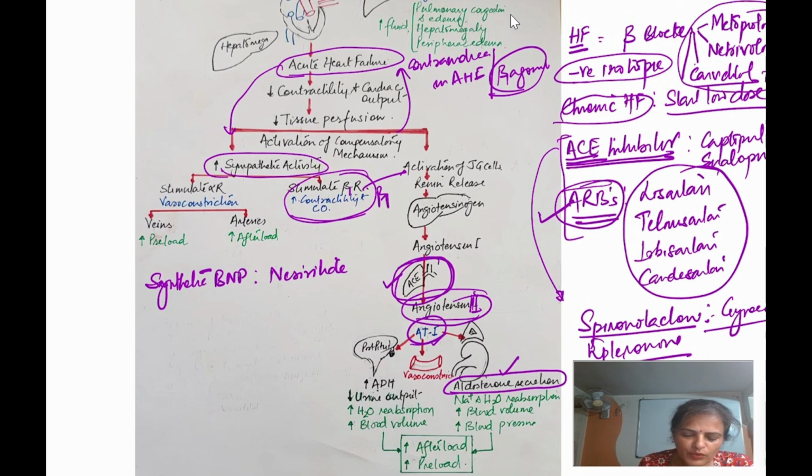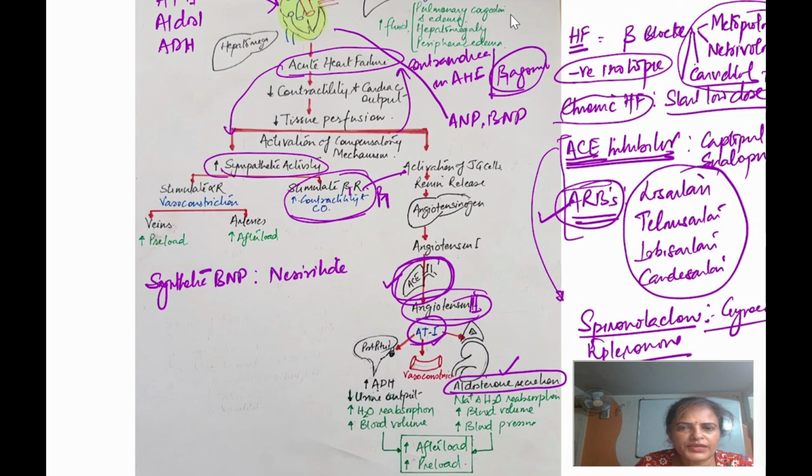When there is volume overload, because of the increased sympathetic activity, then angiotensin II, aldosterone, ADH, all these are going to stimulate the heart, which causes stimulation of the stretch receptors, and there is a release of ANP and BNP from the ventricle.